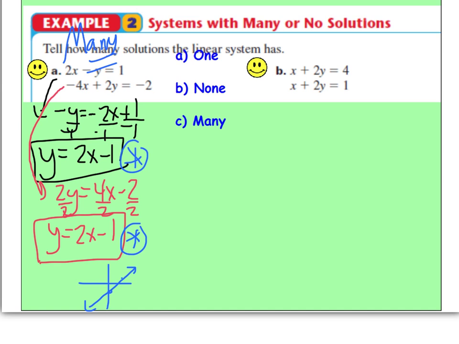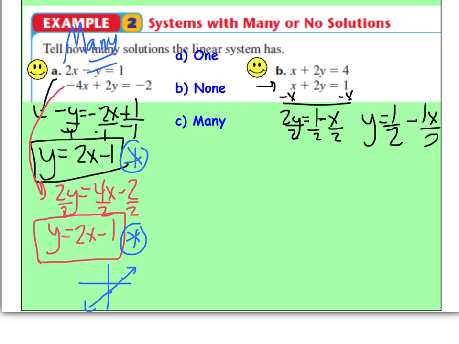Okay, let's look at letter B. I'm going to take the second equation and solve for y, get x by itself, or subtract x. So now we have 2y equals 1 minus x, and then divide by 2. So I have y equals 1/2 minus 1x over 2.